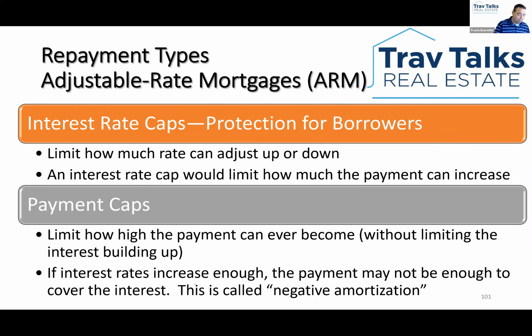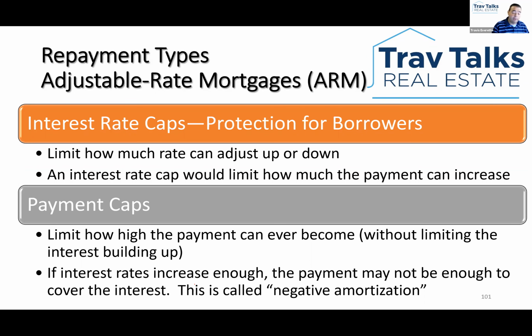There may be a cap that says you cannot go up more than 5% at any one adjustment. Or there might be a cap that says the maximum the loan could ever be is 10%. So they might have lifetime caps, and they might have the individual adjustment caps. Both of those are possible.